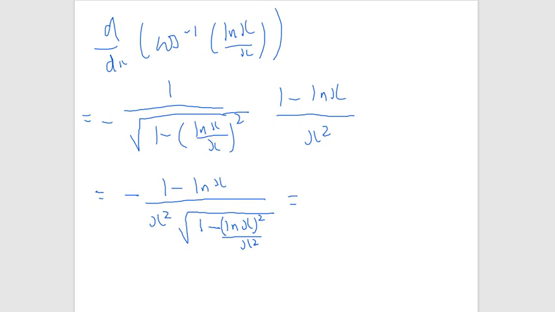You can write it as negative 1 minus ln x over x squared, square root of x squared minus ln x whole thing squared over x squared.